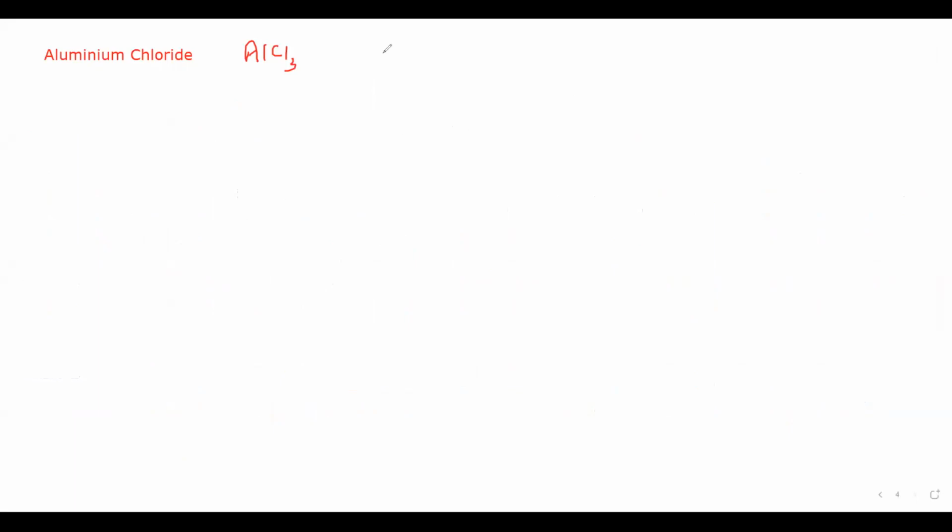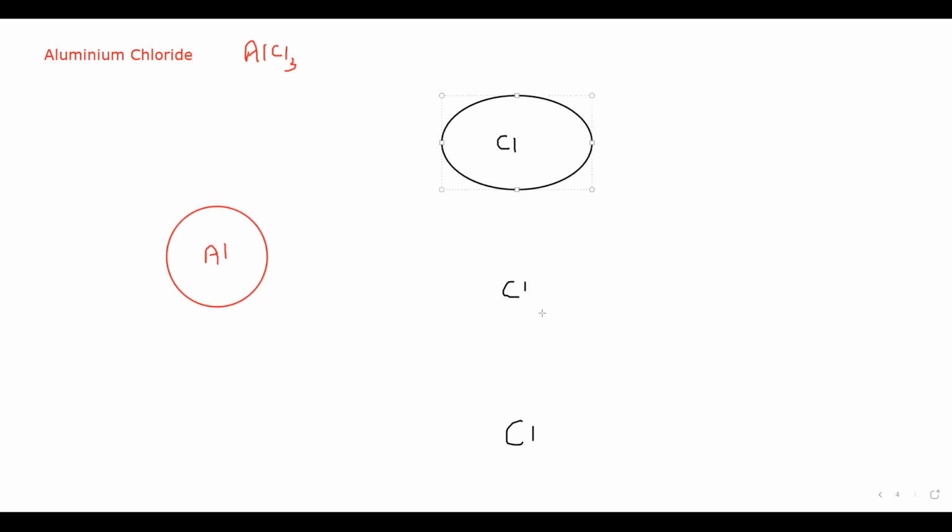So it means how many aluminium do we have to draw? We just have to draw one aluminium, and we have to draw 3 chlorine. And we are only drawing the last shell, the valence shell. This is not the full structure, this is actually the last shell.